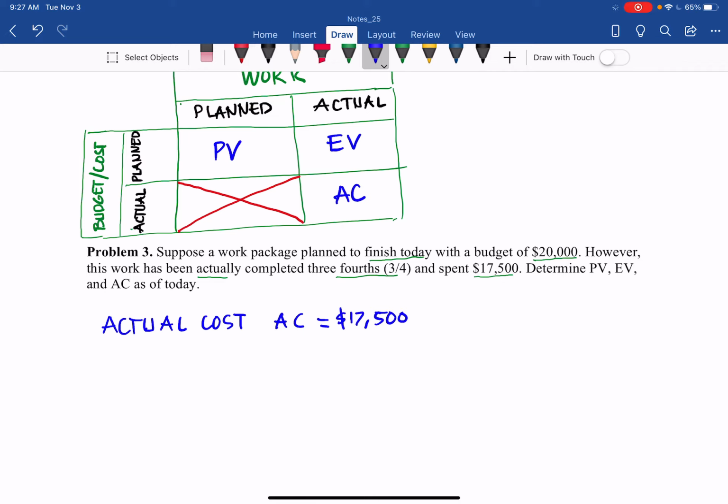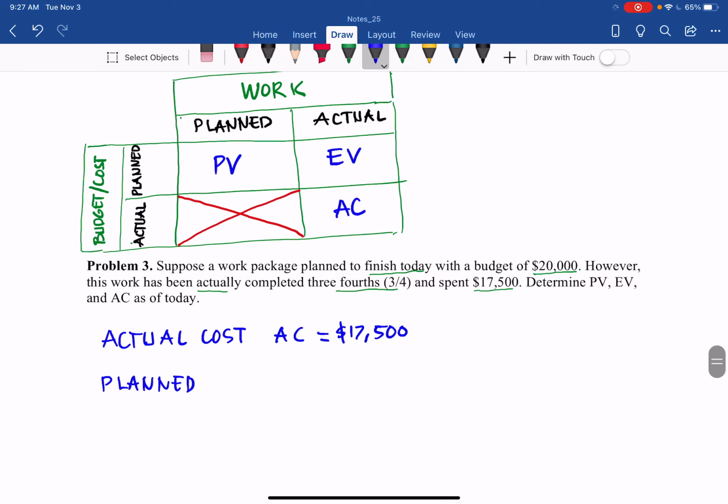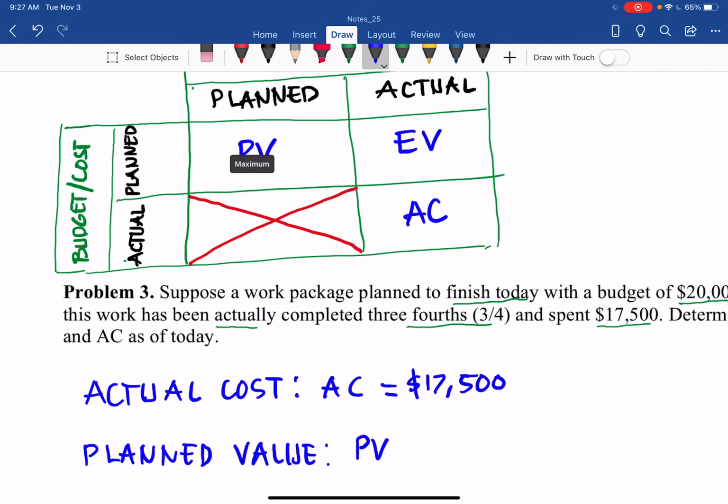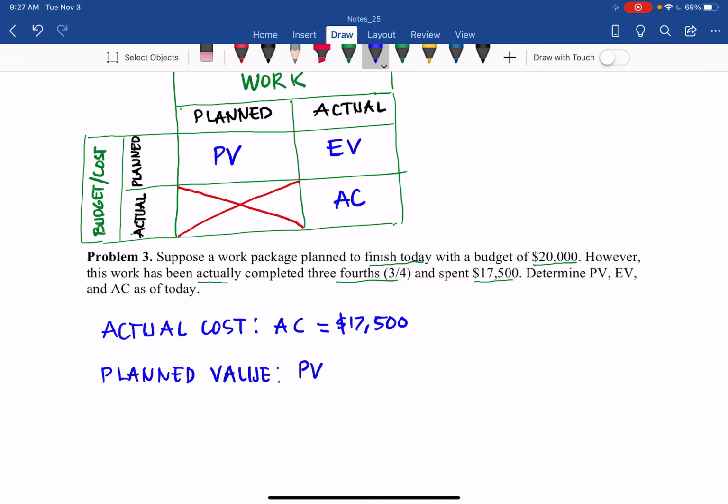Let's talk about planned value, PV. It is the planned work and planned costs based on this box. Suppose a work package planned to finish today. It means that today we are supposed to complete this work 100% with the planned budget of 20,000. So finish today, 100%, times the planned budget, 20,000.